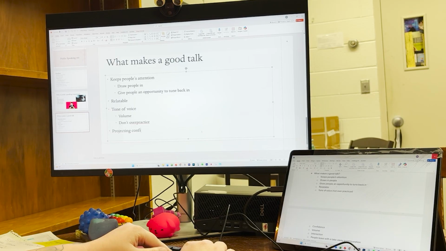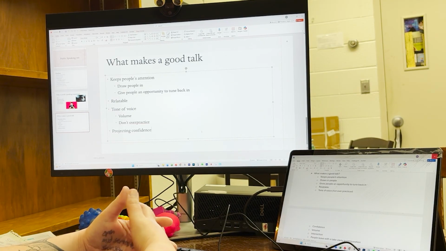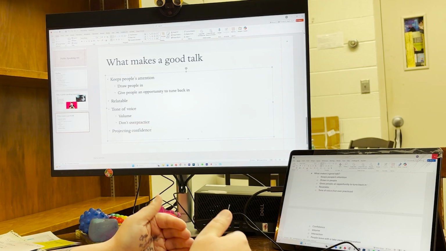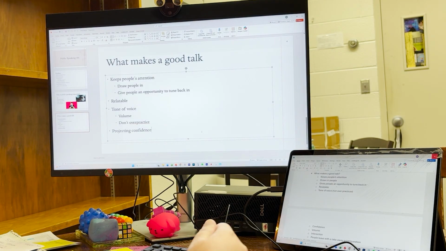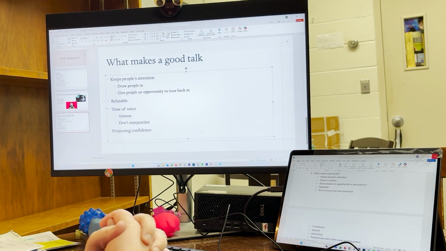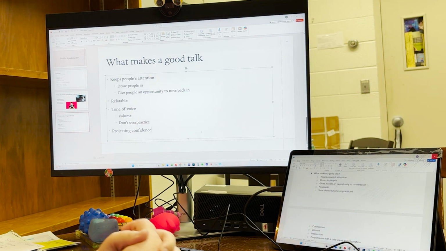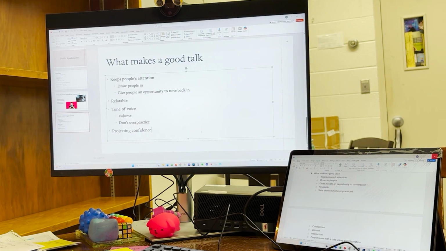Projecting confidence is a big one. You may have noticed that in several of the things that I've said here. And notice that I said projecting confidence and not necessarily being confident. Most people who are giving a public presentation have some sort of insecurity, something that they're worried about, a question they're worried that the crowd will ask. There's not many people who are 1000% confident in their presentation, but you have to project this confidence and this assurity that you know the topic that you're speaking about.